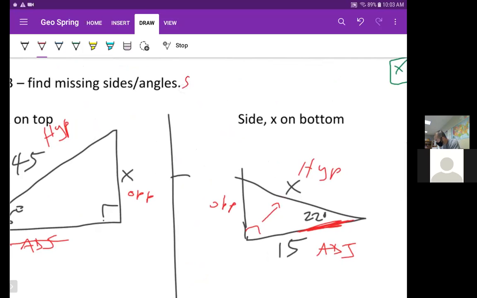So sine is opposite hypotenuse, cosine is adjacent hypotenuse, tangent is opposite and adjacent. So this is how you can remember these things.